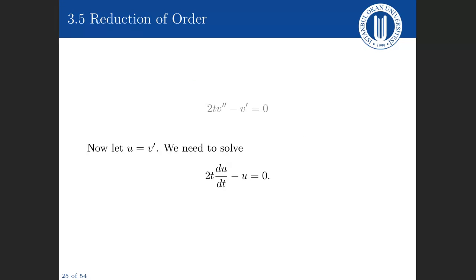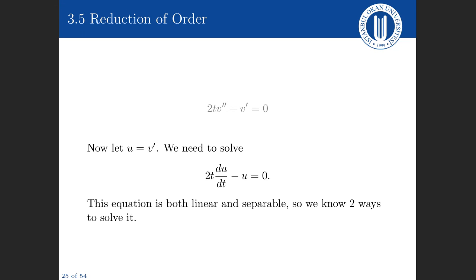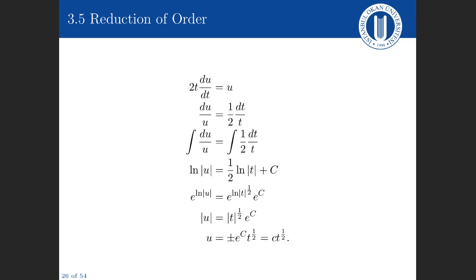We need to solve the first order differential equation 2t du dt minus u is equal to 0. This equation is linear and this equation is separable. So you know 2 ways to solve this equation. I'm going to solve this equation as a separable differential equation. This is the whole calculation.